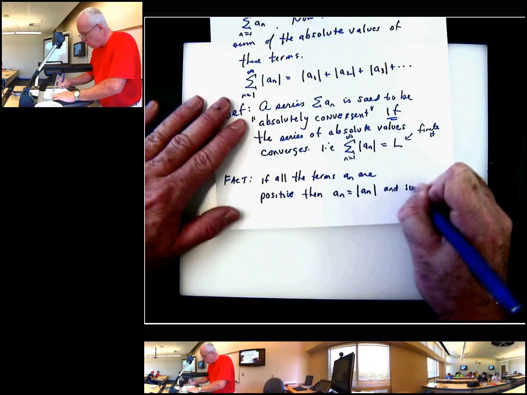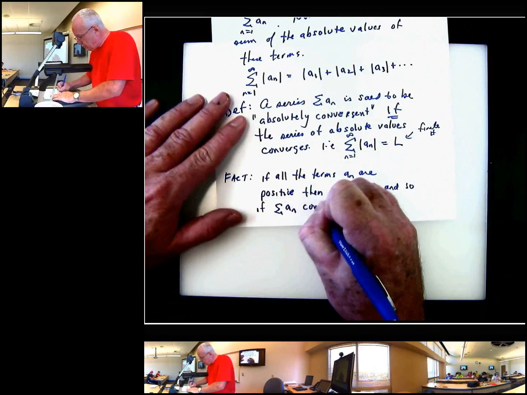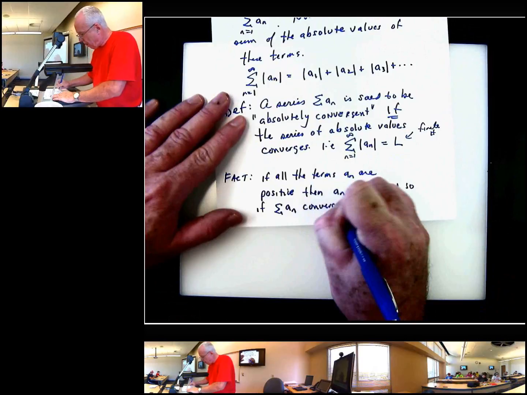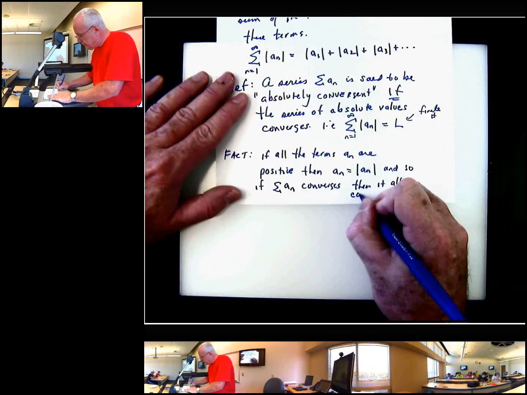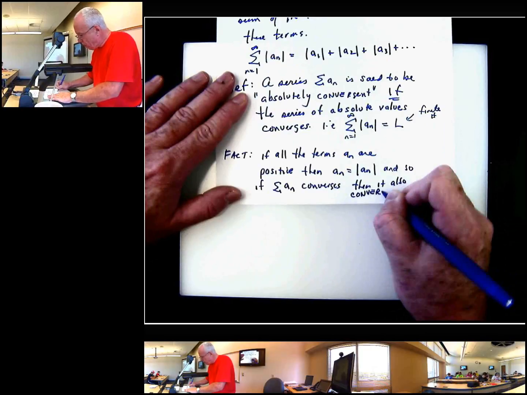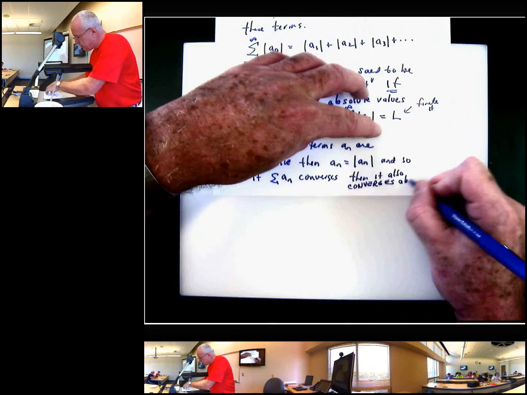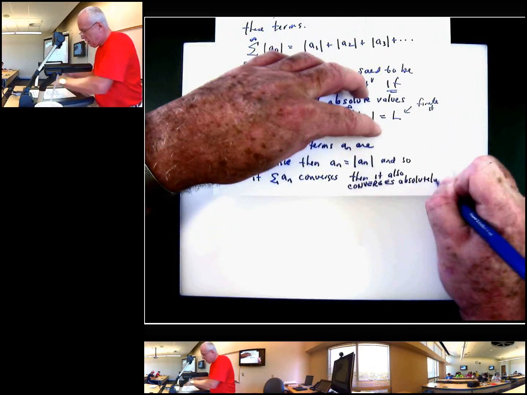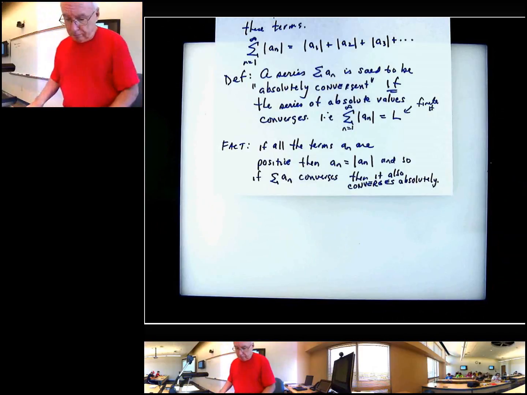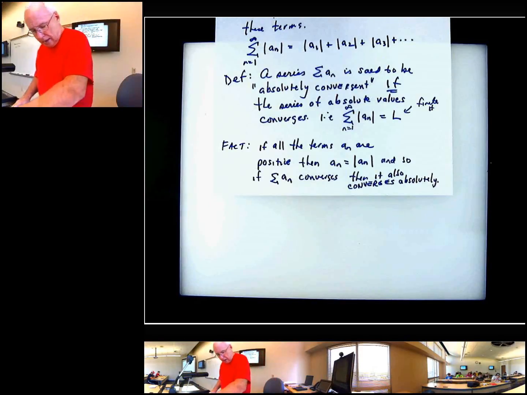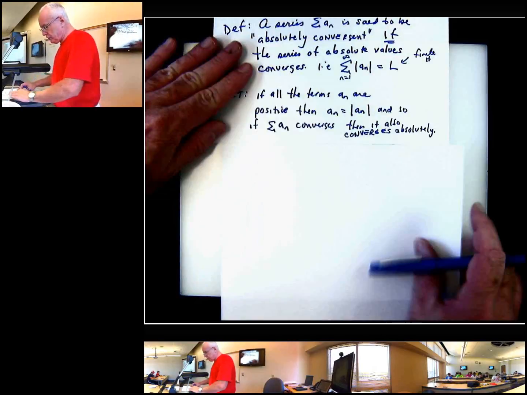And so if the sum of a sub n converges, then it also converges absolutely. All right, so that's just if everything's already positive to begin with. Now, let's look at some examples for absolute convergence.